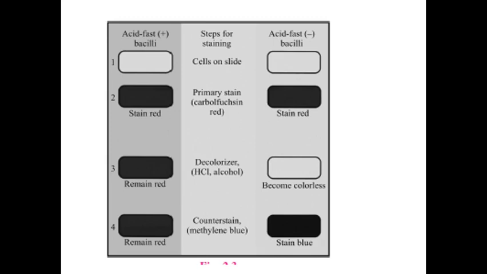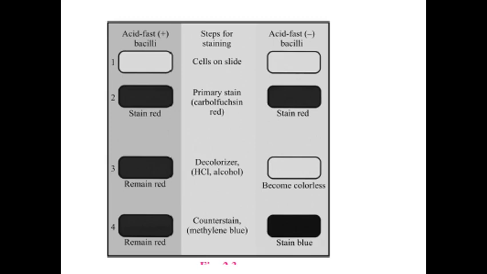The acid fast bacillus retains the primary stain, carbol fuchsin red, and that's why it appears red. But in the acid fast negative bacilli, the red primary stain carbol fuchsin is completely removed from the bacterial cell wall, and it appears white.